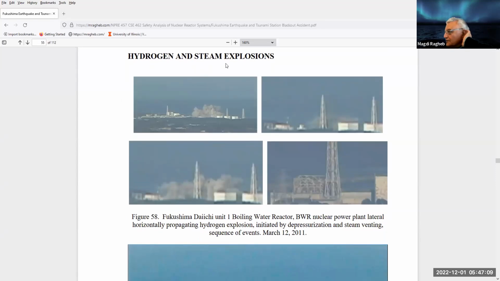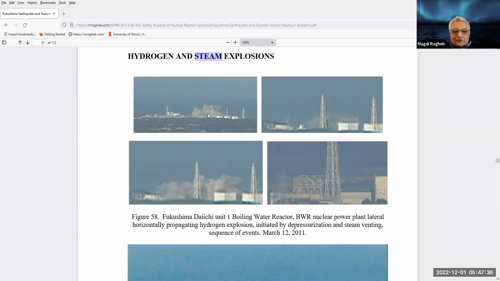Now I remind you that TEPCO, the Tokyo Electric Power Company, does not acknowledge that there was a steam explosion. The evidence, though, is different, and this is worthy of investigation if you get involved in the safety field. This is unit 1. These are basically video grabs from a video by television screen.